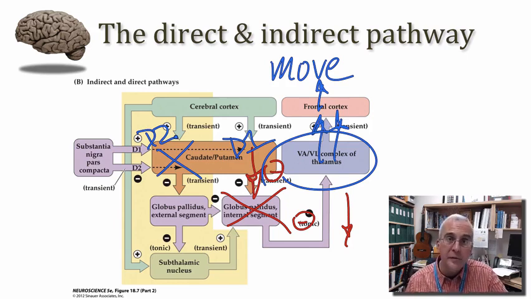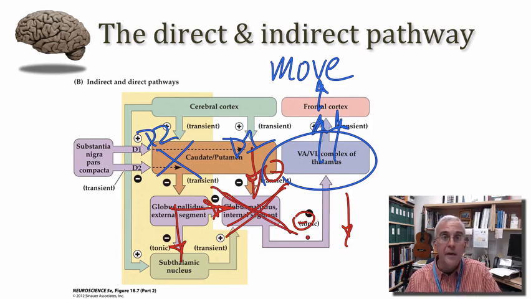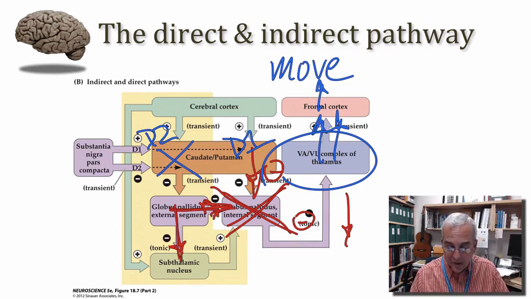So if we suppress the activity of the indirect pathway, that's going to lead to an increase in this inhibitory output of the external segment of the globus pallidus. That will contribute to the shutting down of the internal segment of the globus pallidus, which will facilitate movement. So the internal segment is being suppressed by this direct projection, and the excitatory drive on the internal segment from the subthalamic nucleus is being shut down.